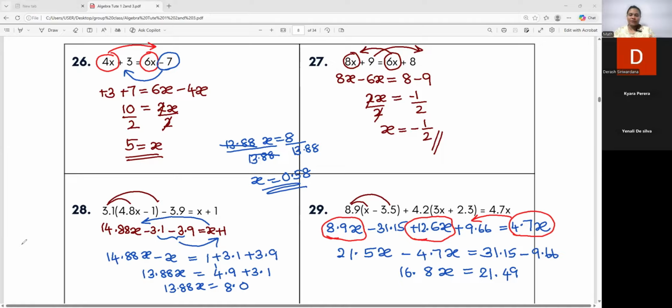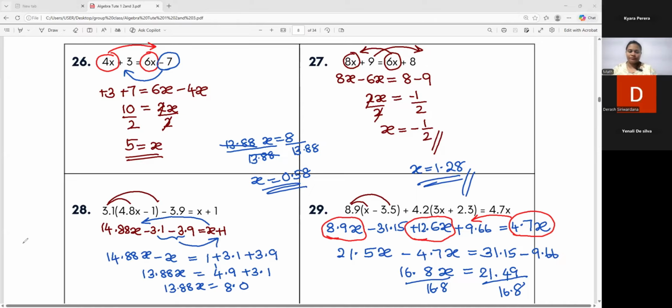The answer is 1.28. Divide both sides by 16.8, then x is equal to 1.28. Correct? Or any different answer? Okay.